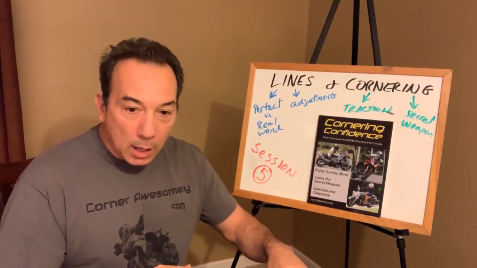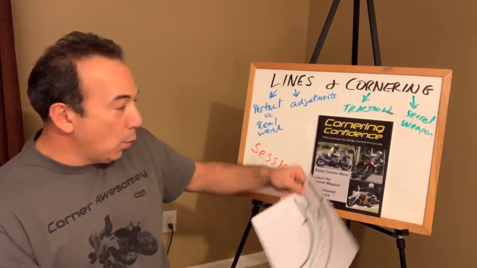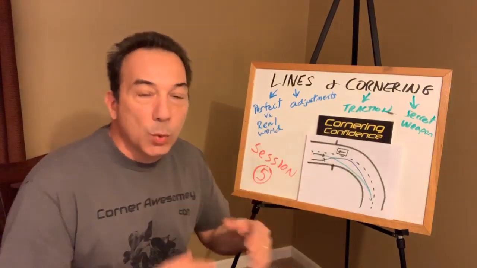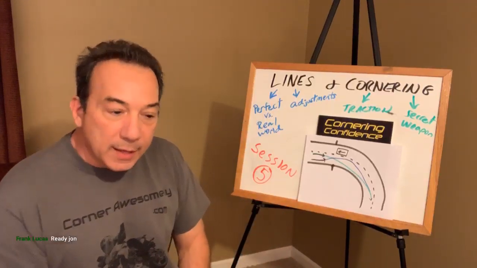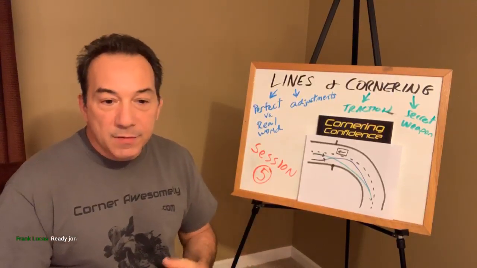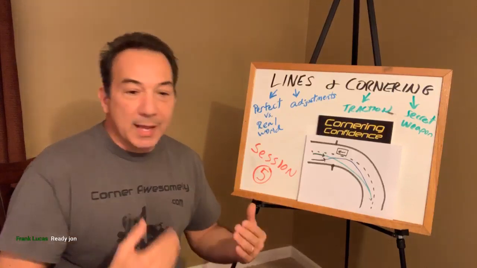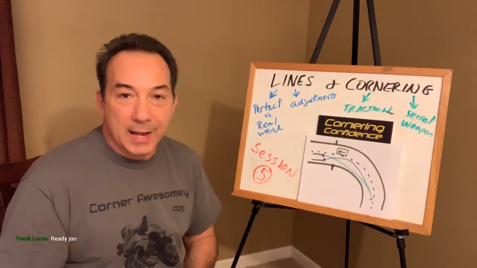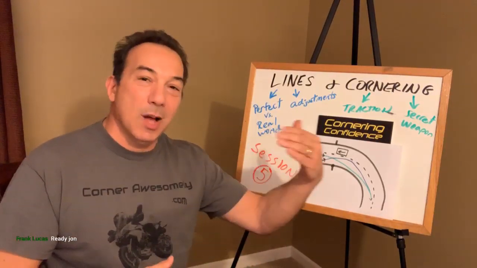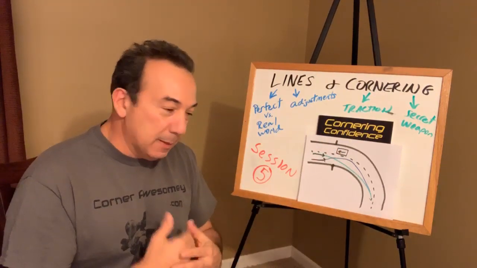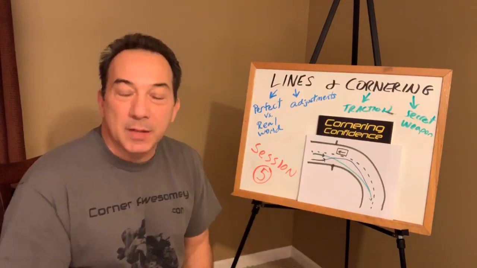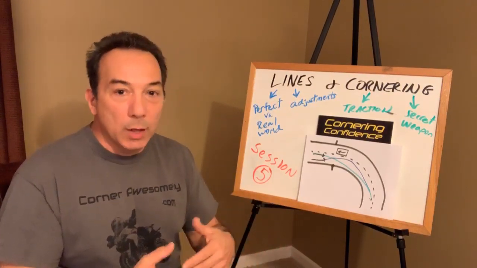Now, what I like to discuss with lines, and where I start this whole thing, is that we have real world and ideal, or perfect world, lines. I use "ideal" because it rhymes with "real"; I like the phonetic sound of it better than "perfect world, real world."